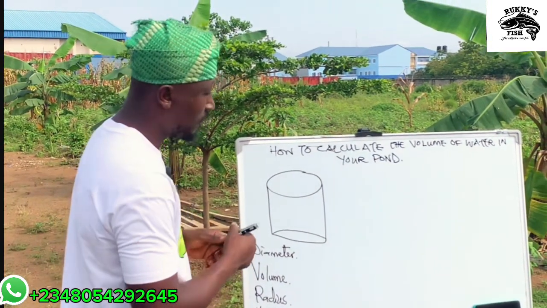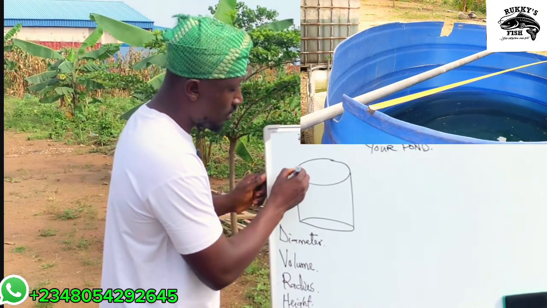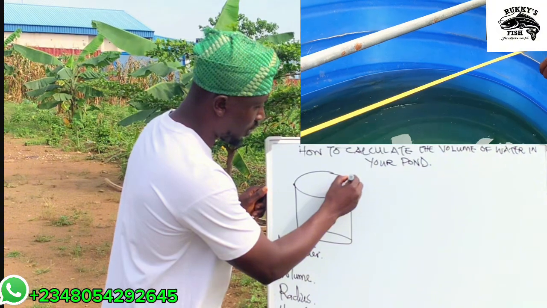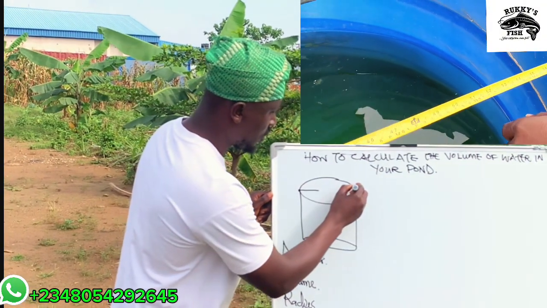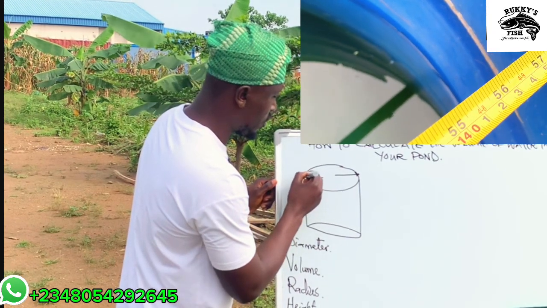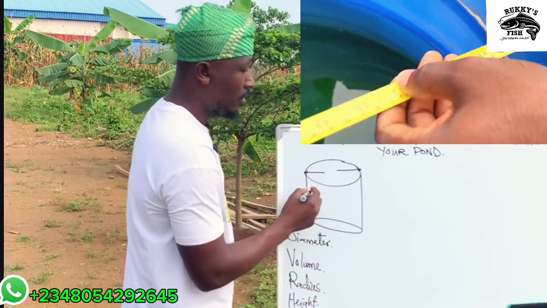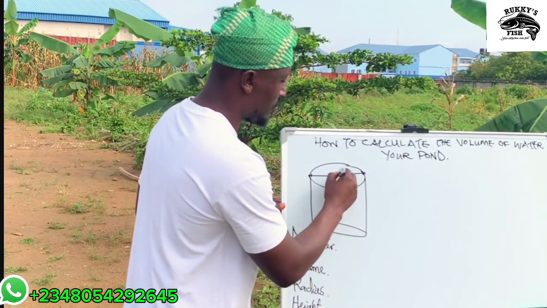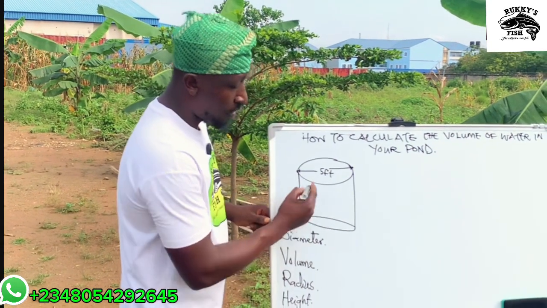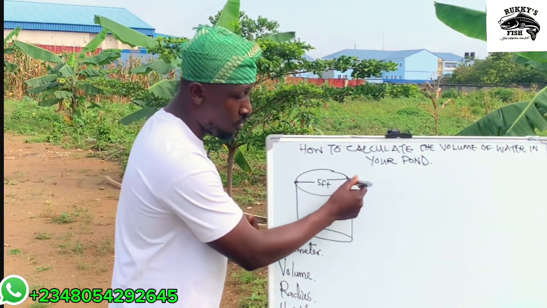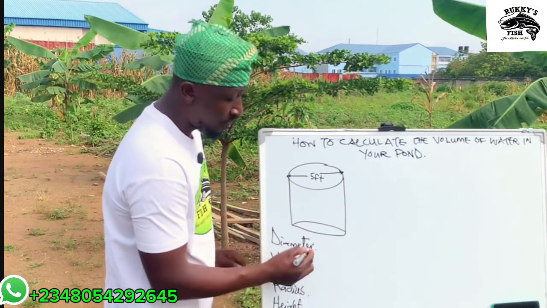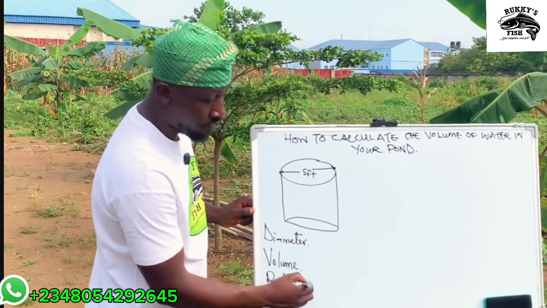Now for diameter, the diameter is the length between this point, this edge, and this point here. So this is for diameter. If this is 5 feet, for example, we must know the length of the diameter before we calculate for radius.